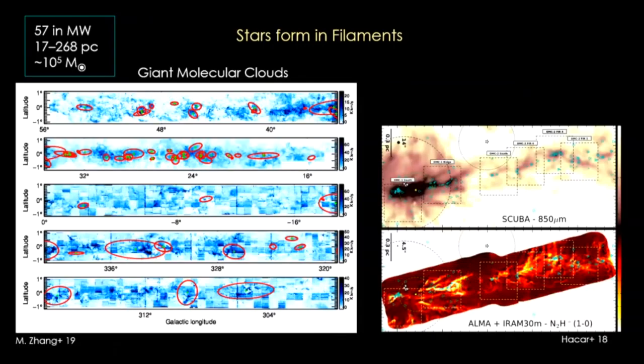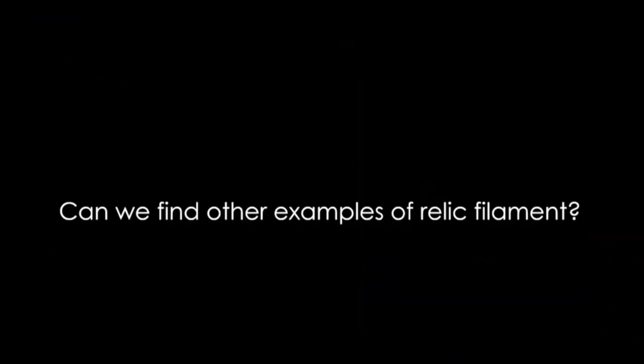So in a sense, this is not a surprise because we do know that stars form in filaments. There have been many studies done in the radio, submillimeter, and infrared that show that indeed molecular clouds are spread out over filaments, which can be up to tens and hundreds of parsecs, and the same with Gaia data. So can we find another example of such a relic filament?